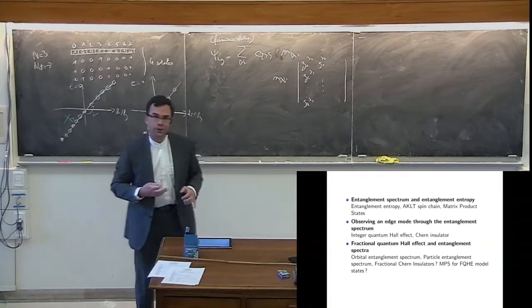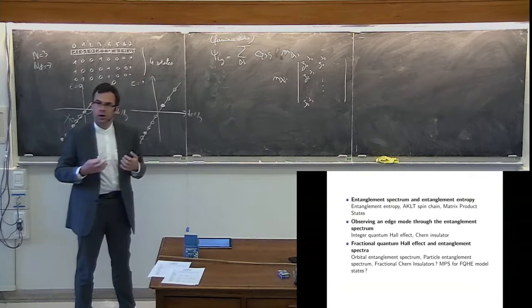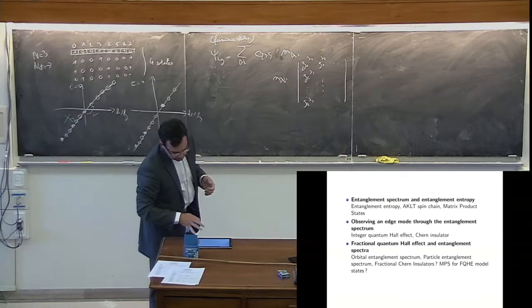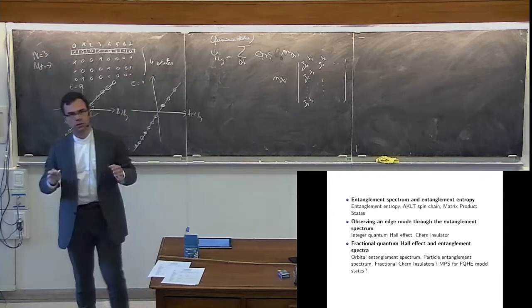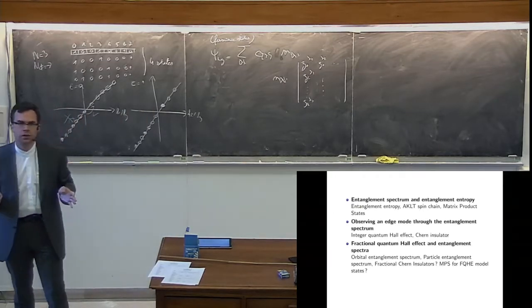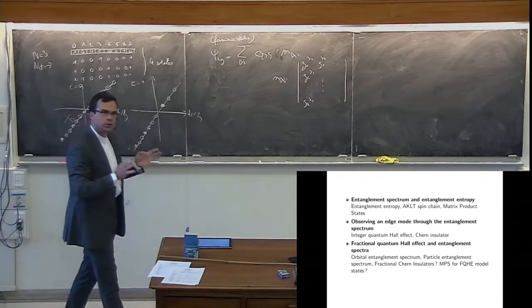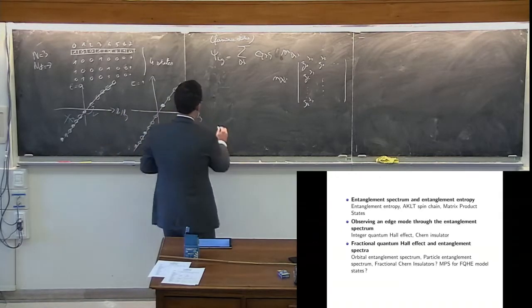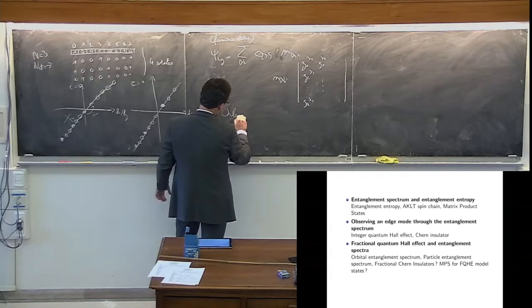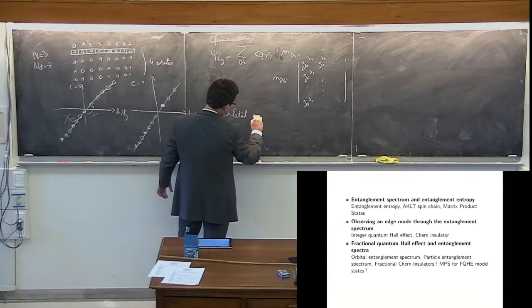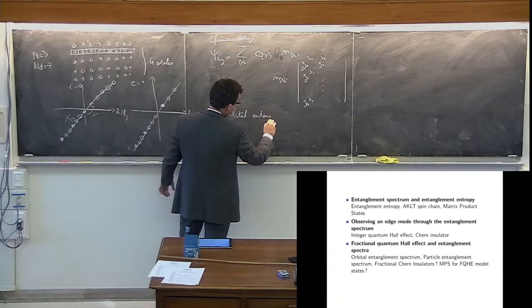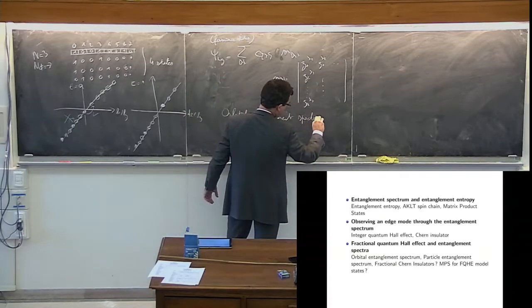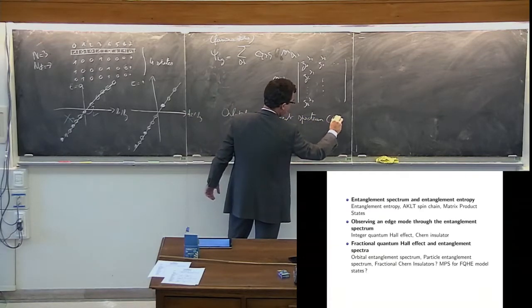And moreover, the real space entanglement spectrum is actually quite, I don't say it's not doable. It's of course perfectly doable in terms of numerics, but there is actually a simpler way to cut the system that will give you similar results. And it's called the orbital entanglement spectrum, or OES.